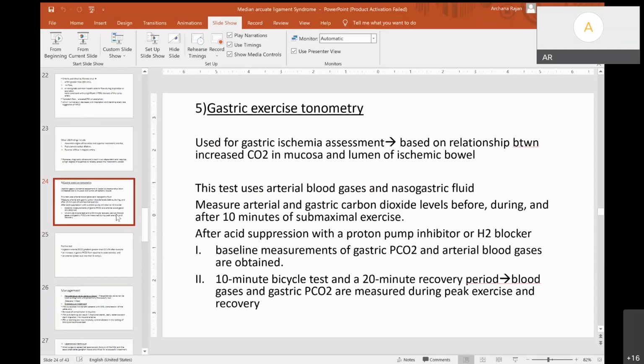This test uses arterial blood gases and nasogastric fluid, and it measures the arterial and gastric carbon dioxide levels before, during, and after 10 minutes of submaximal exercise. After acid suppression with a proton pump inhibitor or an H2 blocker, baseline measurements of the gastric PCO2 and arterial blood gases are obtained. Then a 10-minute bicycle test and a 20-minute recovery period follow. Blood gases and gastric PCO2 are measured during peak exercise and recovery.